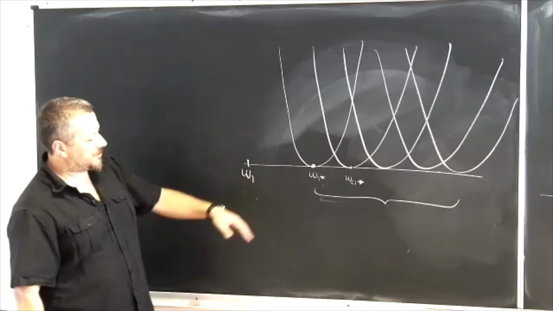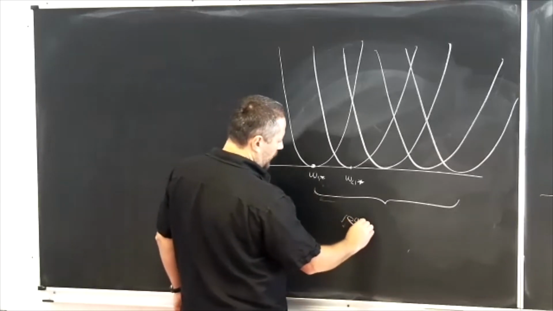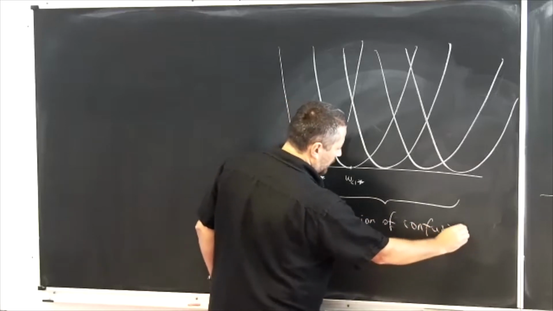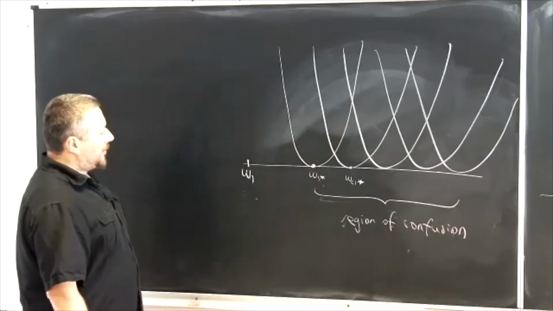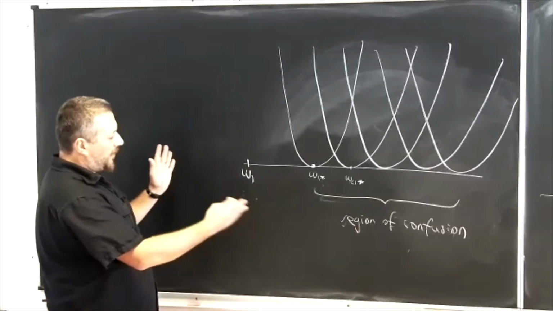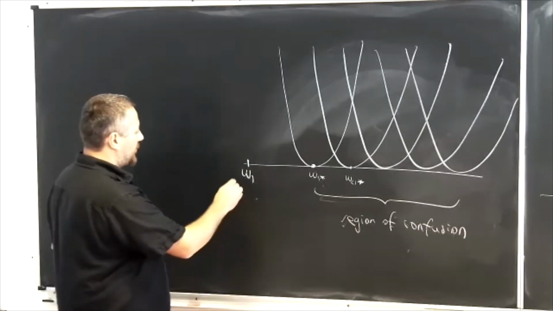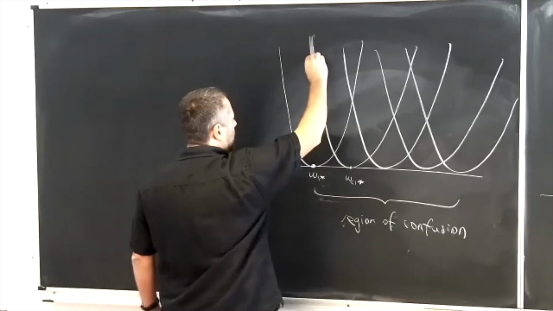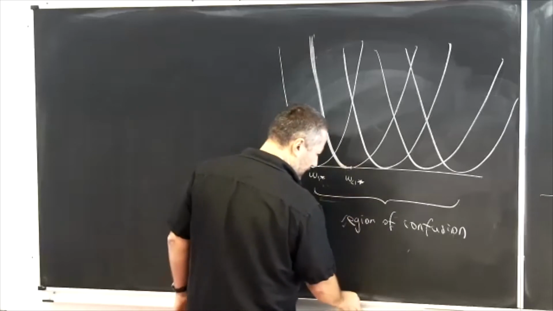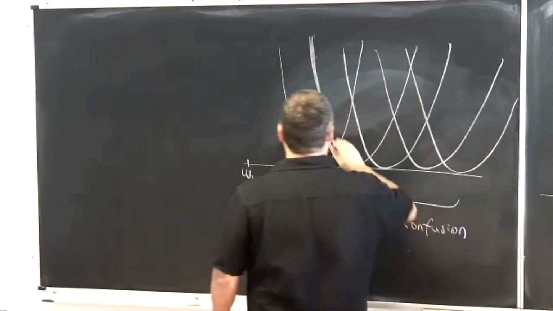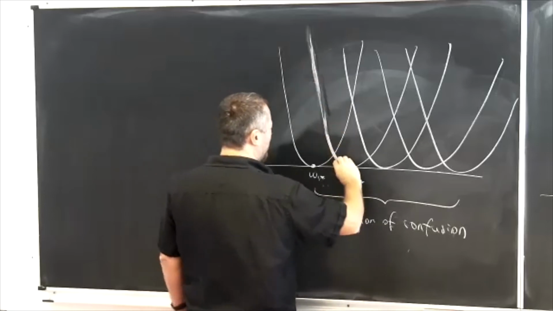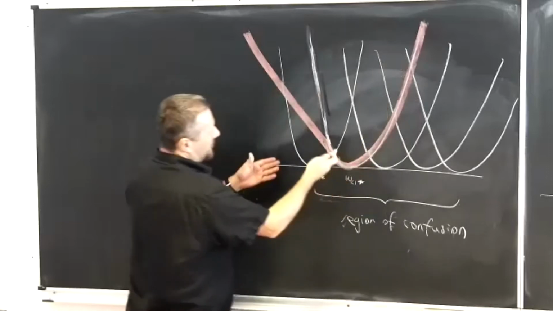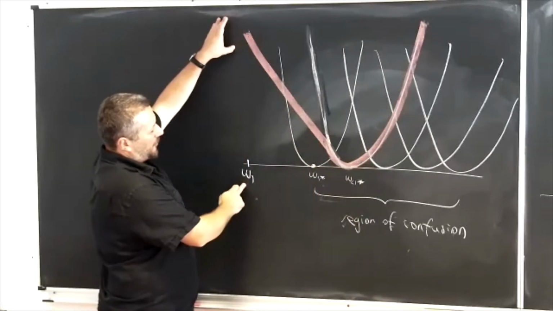If you're far away from that region, which we call the region of confusion, or out of that region, whichever function you choose, let's choose the second one, and let's assume that it goes like this, eventually it will go to the left, right?